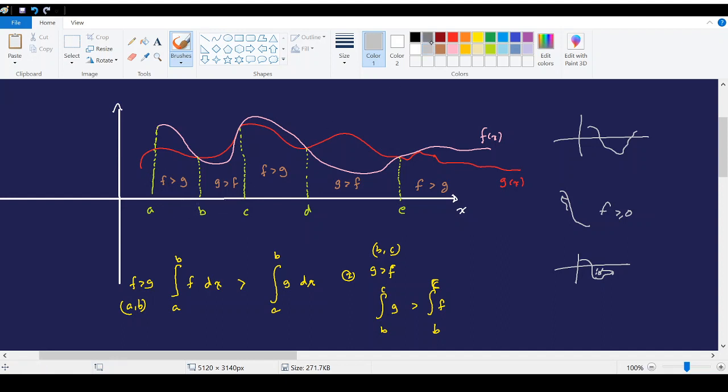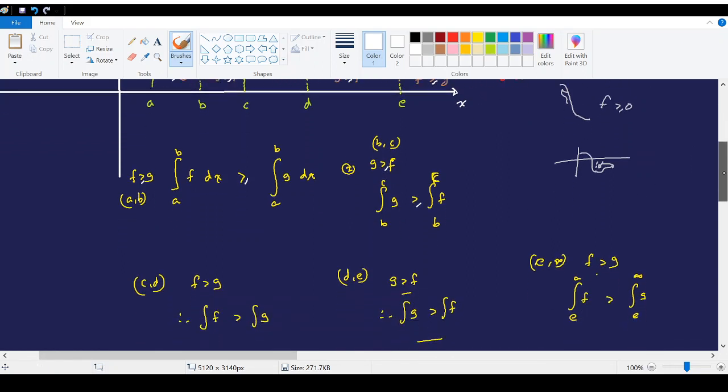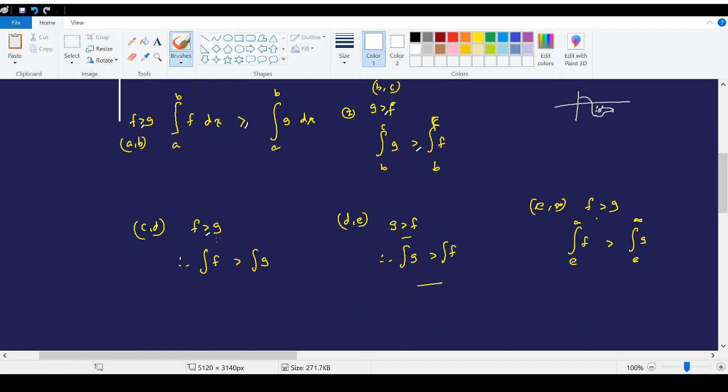And also this is true even when you have this greater than or equal to sign. So it need not be the strict inequality all the time. The only difference is that if you have the greater than or equal to sign, then that property will be inherited by the integrals as well, right? So when you have the greater than or equal to sign, you will get it everywhere in the integral also, right?